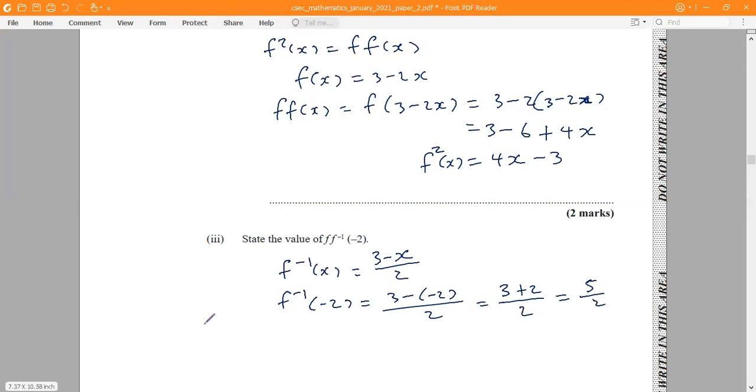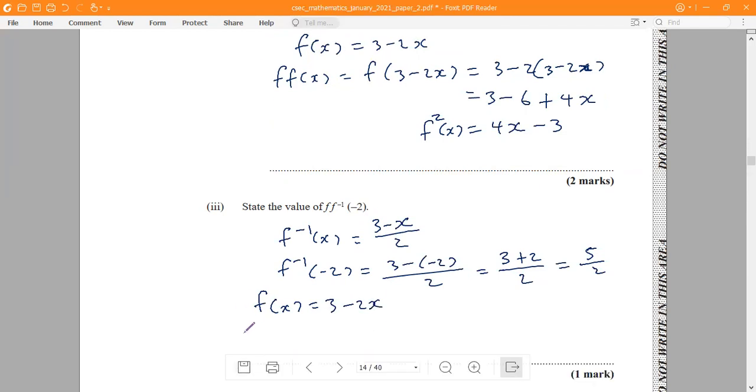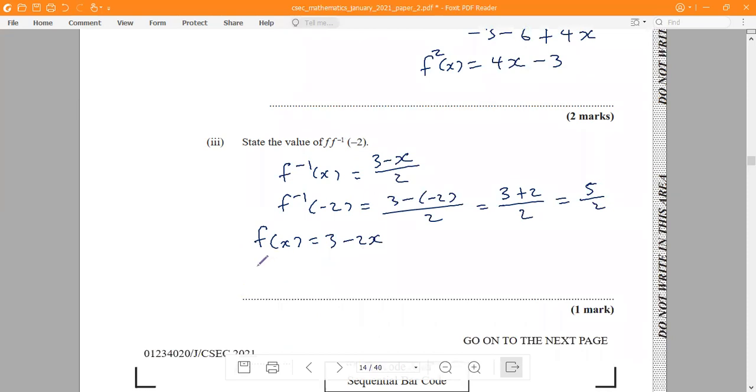Okay, and now we want to find f of f inverse of -2. So remember, f of x is 3 minus 2x. Therefore, f of f inverse of -2 would be f of 5/2.